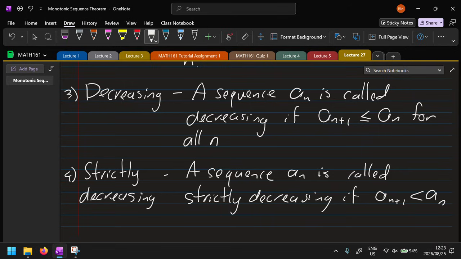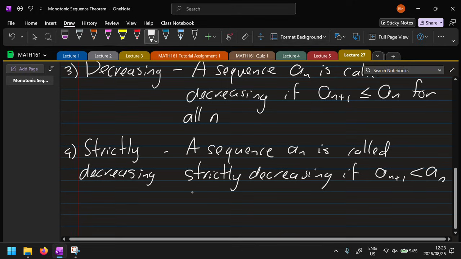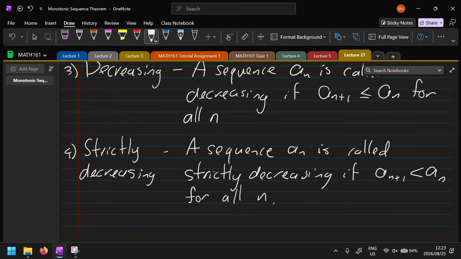It must be smaller, again for all n. Very simple definitions, but please note the difference between increasing and strictly increasing, and decreasing and strictly decreasing. Very small difference, but we'll see later that it is important.